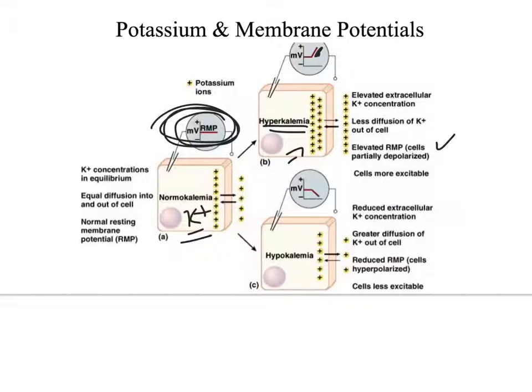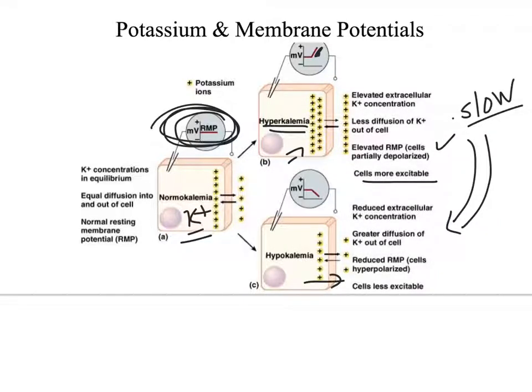It starts going up sooner than it should, so the cells are more excitable. If that goes slowly, it causes the same symptoms as hypokalemia, so these are equal. If we're hypokalemic, we're going to have more potassium leaving the cell. The cells are less excitable, and it's harder to get things stimulated.